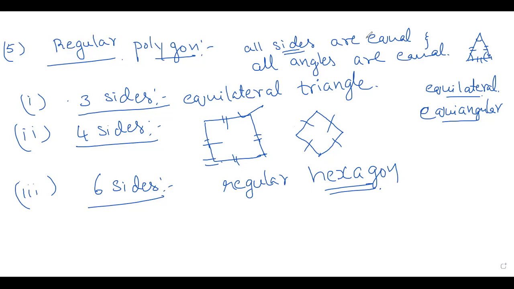We'll go to the next question. That is the sixth one. Find the value of x. They have given some figures here, so you have to find the value of x.